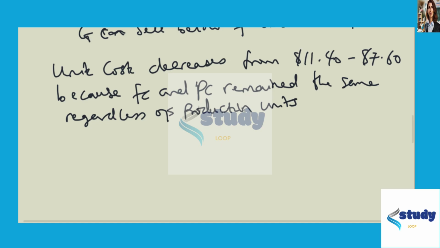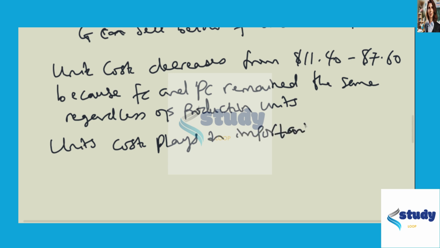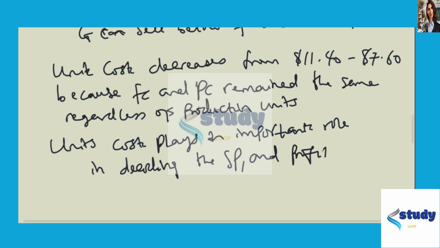So therefore unit cost plays an important role in deciding the selling price, the profitability and feasibility. So unit cost plays an important role in deciding the selling price and profit of the company.